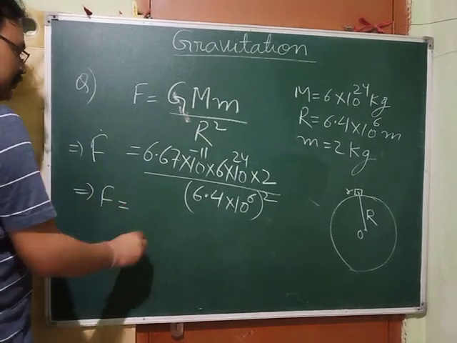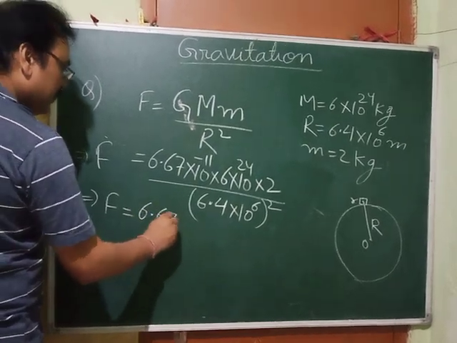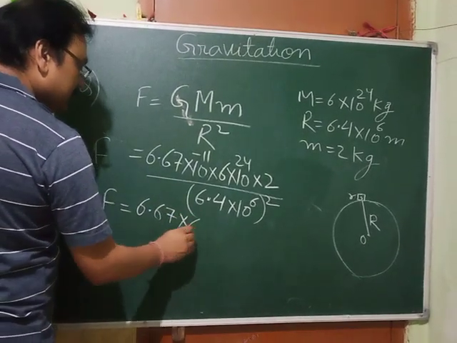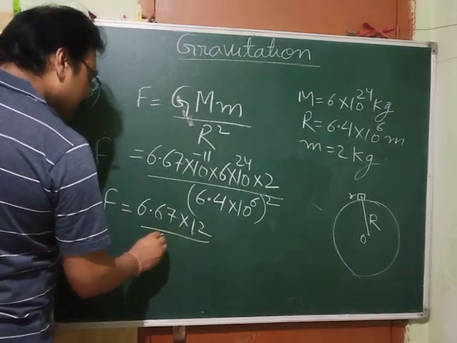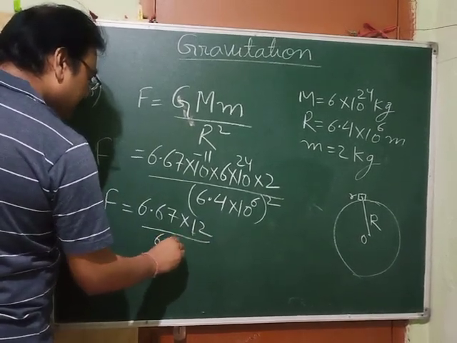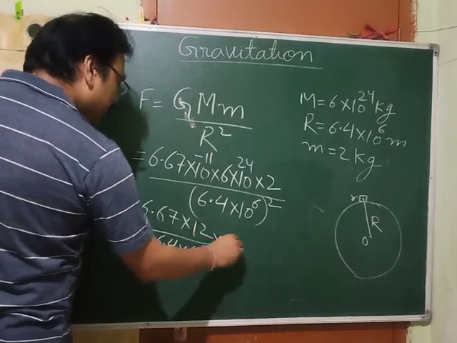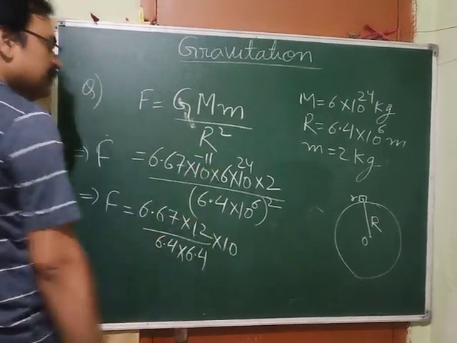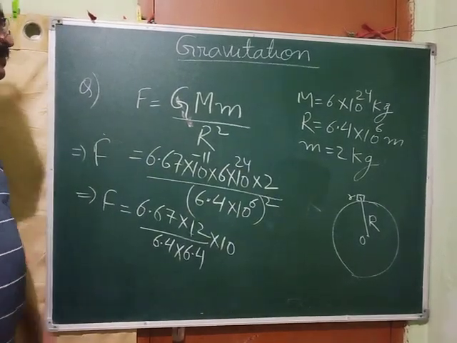F is equal to 6.67 into 6 into 2, upon 6.4 into 6.4, into 10 raised to the power minus 11 plus 24. So plus 24 minus 11 is how much?